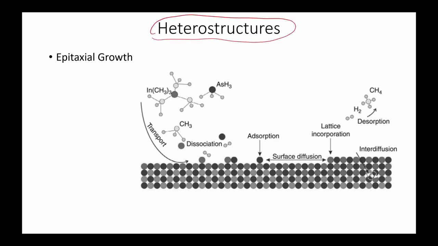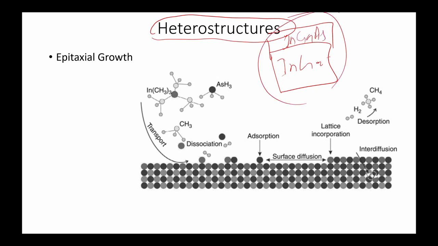If there is indium gallium arsenide and indium arsenide, the structure is a heterostructure because there are two different types of semiconductors.